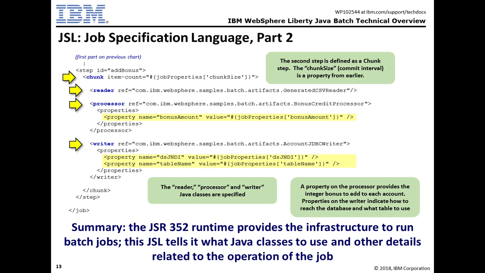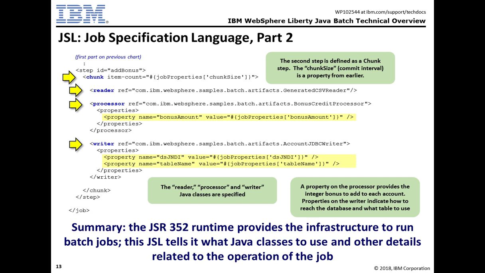Let's see. How does this deal with program errors? Well, Java itself doesn't really abend, but it will throw exceptions. And there is JSL that you can put in here to handle exceptions that you're expecting. If you get an exception you don't expect, a null pointer exception or something like that, then the step will fail. You can have flow control based on a step failing and go somewhere.